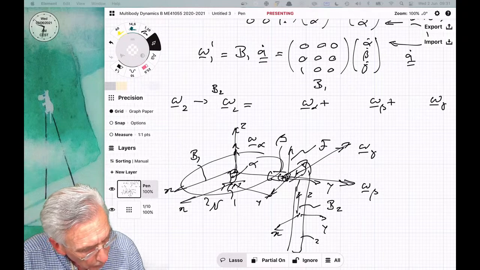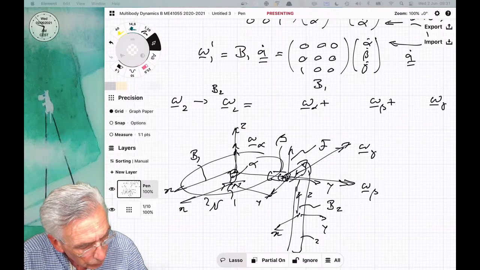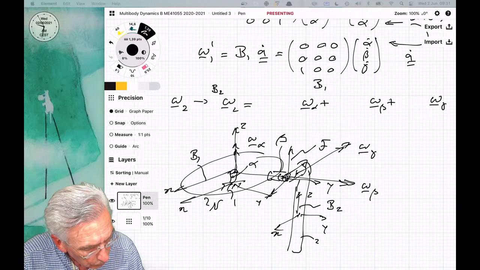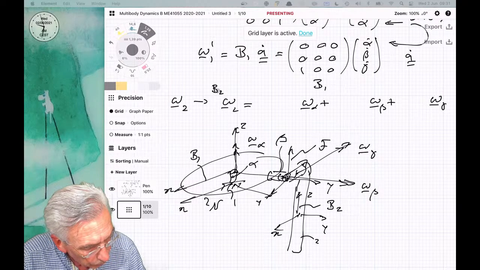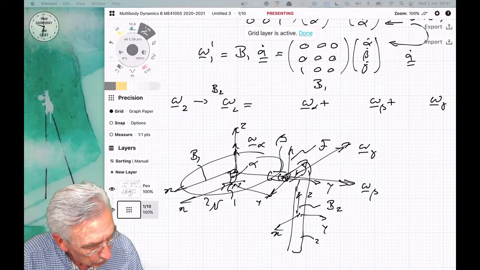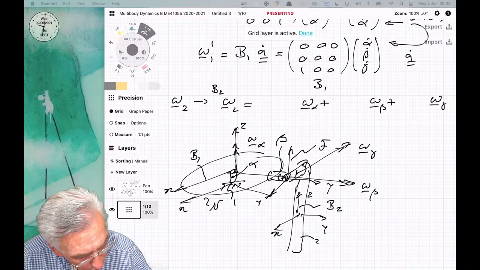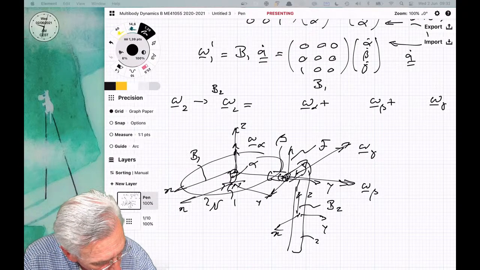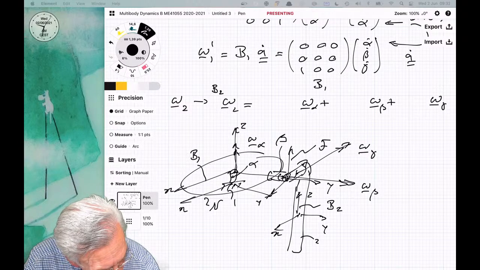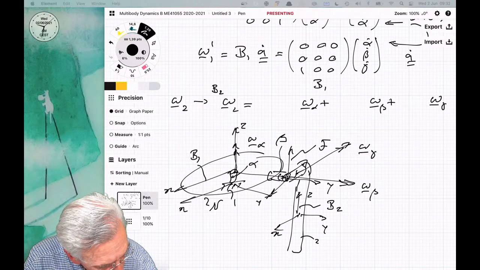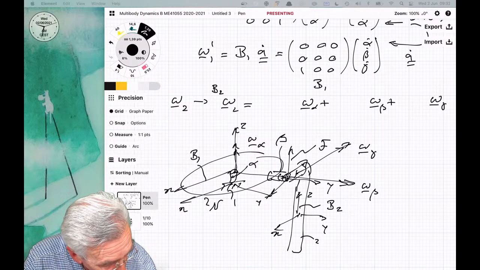And of course, if we want to transform everything to our B2 system, to this system, maybe we can draw a nice arrow here. So here we have our, yeah. Is it helpful?